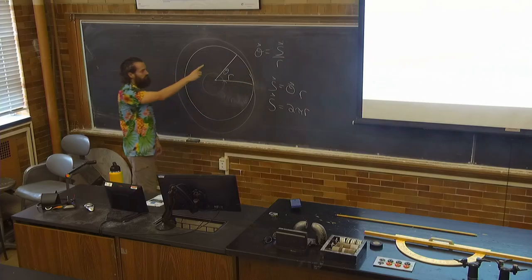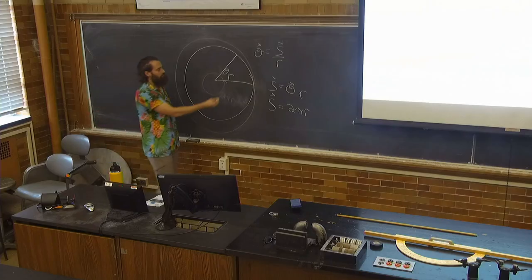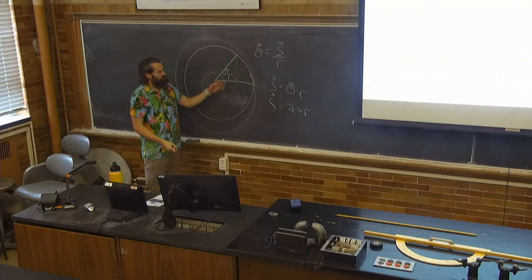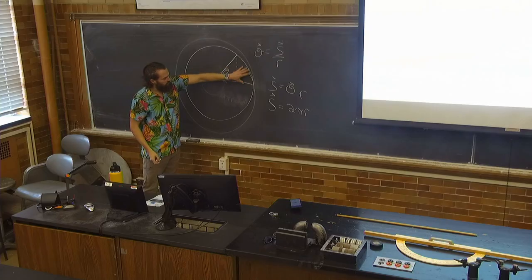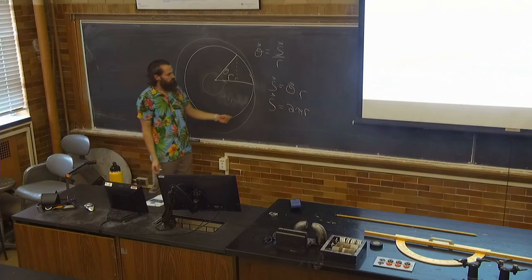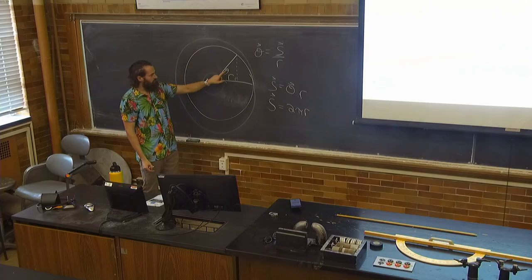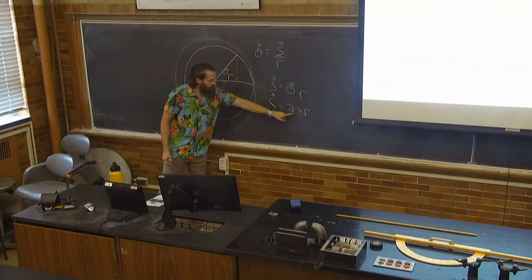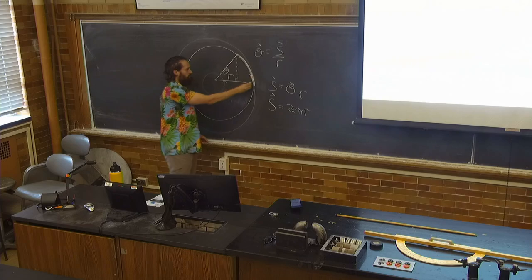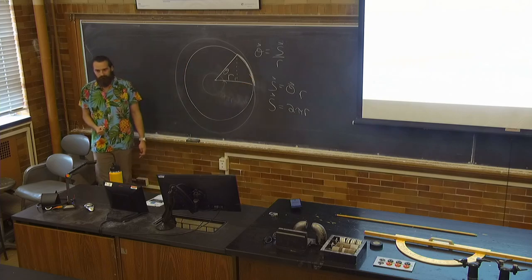If you didn't know this equation, you might try to set up a right triangle and then try to approximate what this arc length would be. But using this formula, it's pretty simple. I just take whatever angle this is in radians, multiply it by the radius, and that would be the length of this arc of the circle.